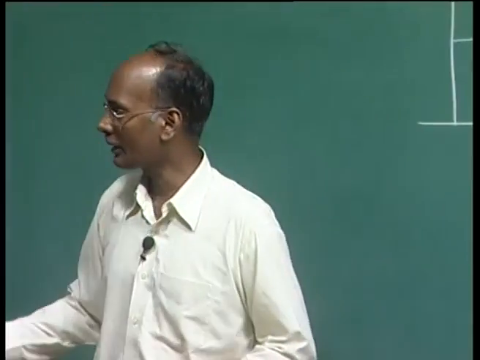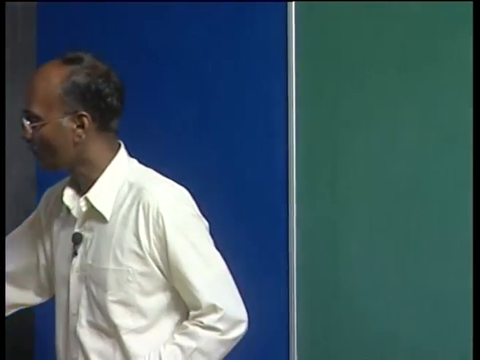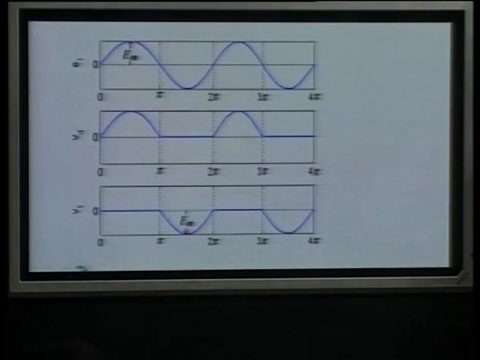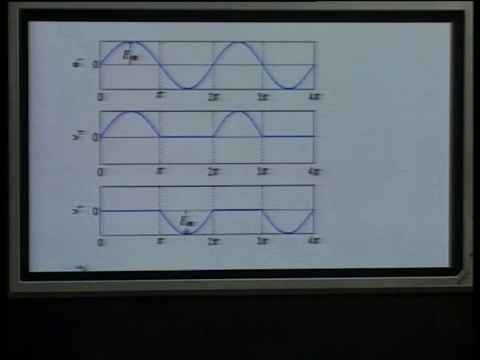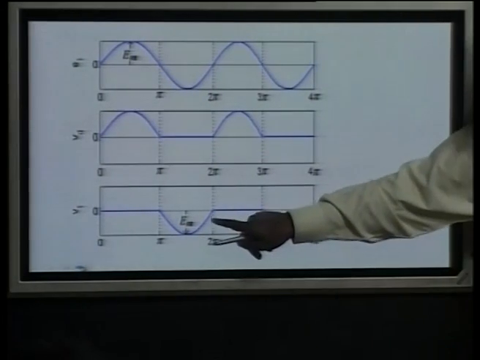Another very important factor here is the voltage across your valve, whether a diode or thyristor. Here it is the valve voltage. This is very important when we analyze the converter circuit, because it decides the rating of the individual valve.